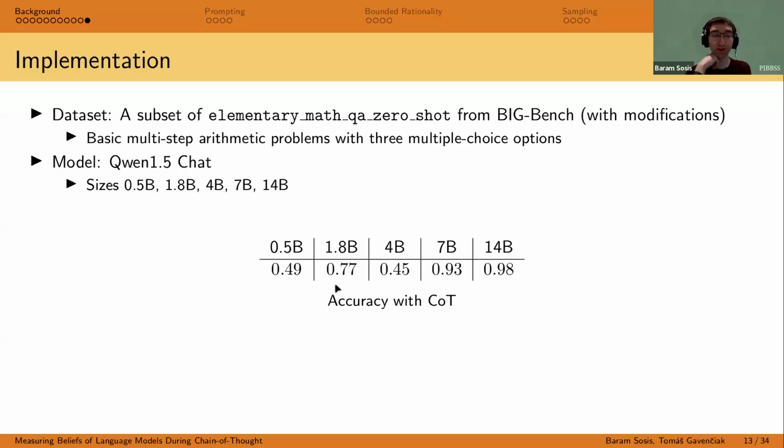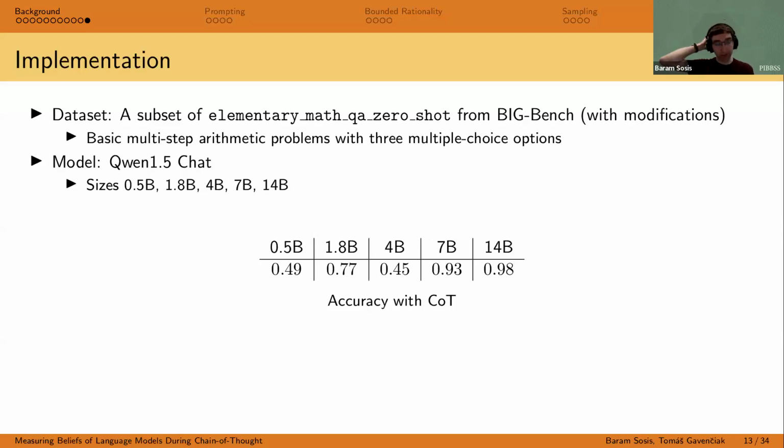I'm not really sure why that is. I think the smaller models can just be kind of finicky. But the larger models do have very high accuracy on this task with chain of thought, so just something to keep in mind. Even the smaller models are doing better than chance, right? Chance here would just be 1/3, and they're doing a good deal better than that.